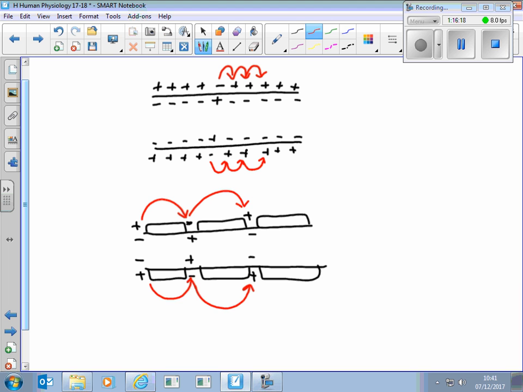Now the other thing, your instincts will usually confuse you on this one. The other thing that affects the speed of a nerve impulse is the diameter of the nerve fibre, the diameter of the cell. So if we've got a bigger nerve fibre, that far across instead of that far across, do you think it'll conduct more quickly or more slowly?